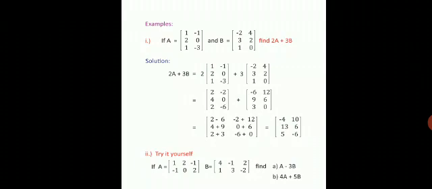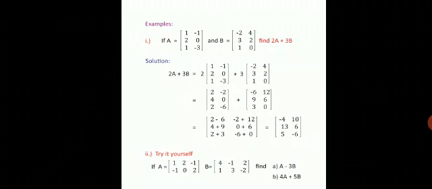3 zeros are 0. Now add the corresponding elements of these two resulting matrices, that is 2 plus minus 6, minus 2 plus 12, 4 plus 9, 0 plus 6, 2 plus 3, minus 6 plus 0.